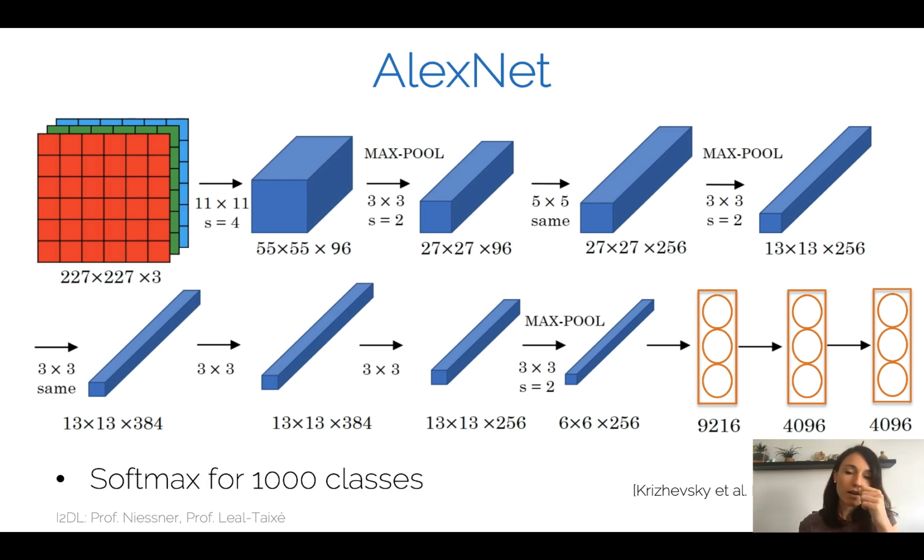So in the end, after all these fully connected layers, we have an output for 1,000 classes to work with ImageNet. So this is, of course, not as simple as the digit recognition that LeNet was targeting. So we need a larger network. And so we have this softmax for 1,000 classes at the end.